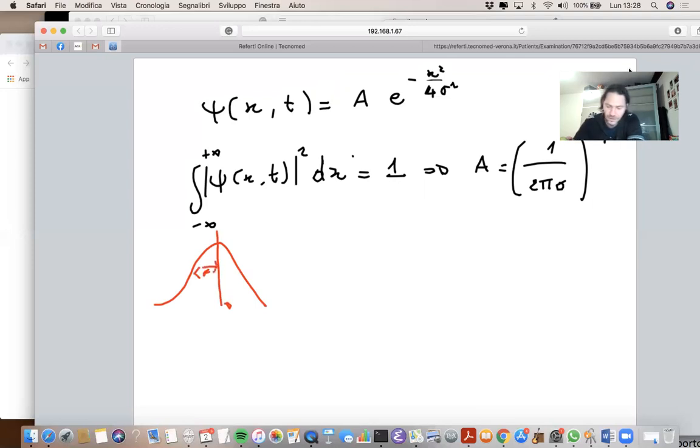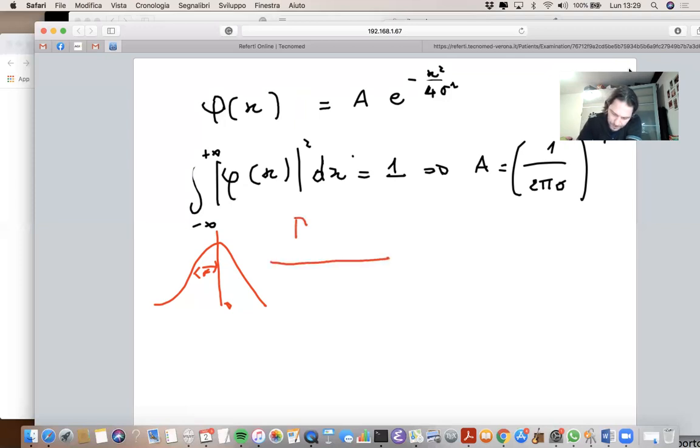Suppose this is the spatial part of the wave function, so we don't have to worry about it. There would be a phase for the time dependency, but we don't really care about that. So suppose we restrict this to the spatial part. Now, what is the Fourier transform of this?